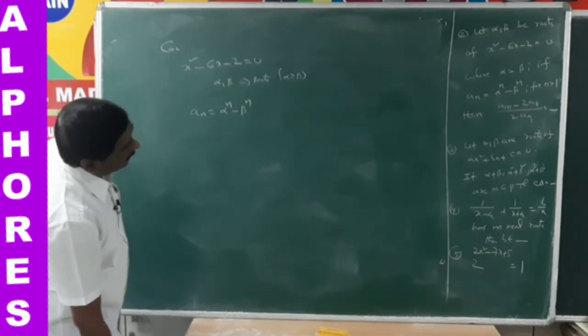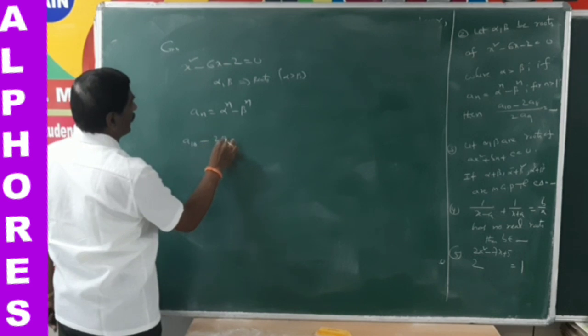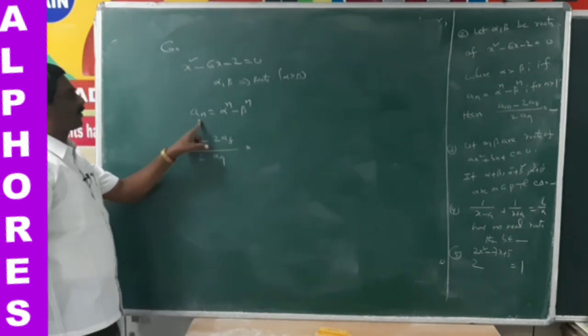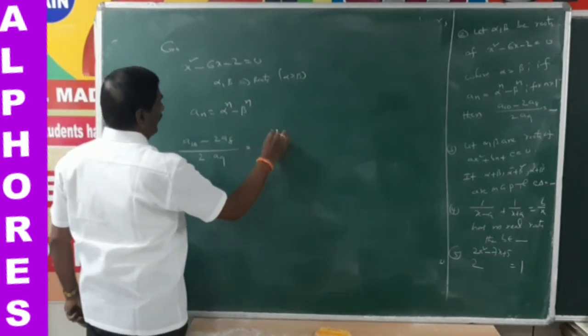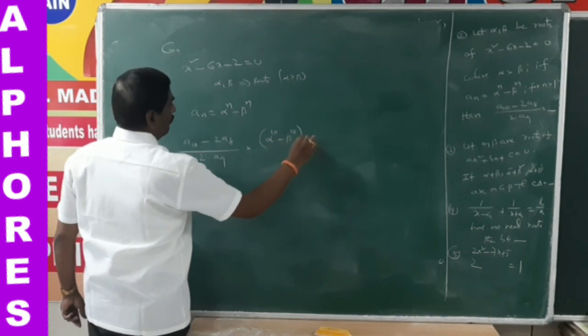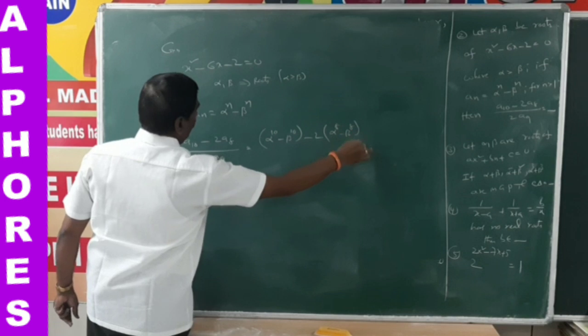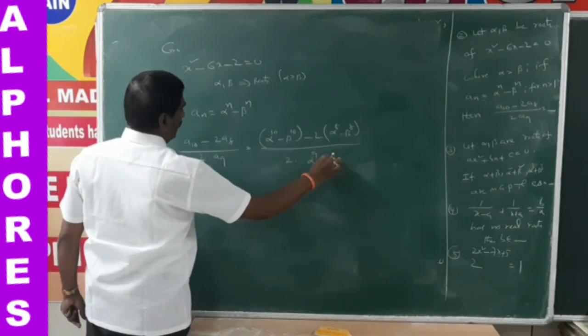Now we find the value of a10 minus 2 into a8 by 2 into a9. That means a10 is alpha power 10 minus beta power 10, a8 means alpha power 8 minus beta power 8, and a9 means alpha power 9 minus beta power 9.